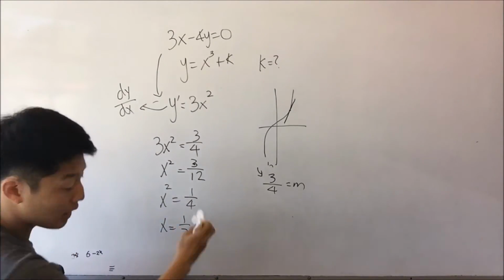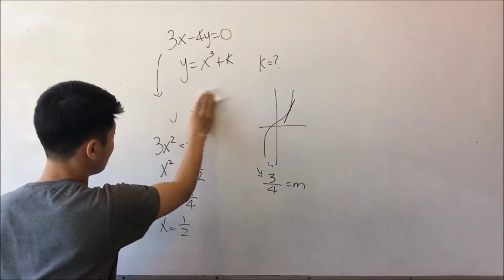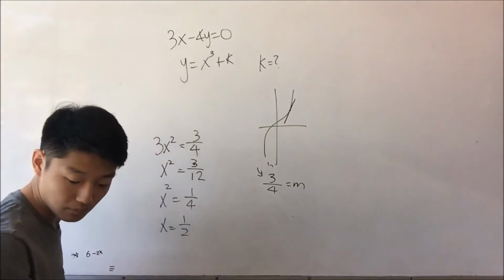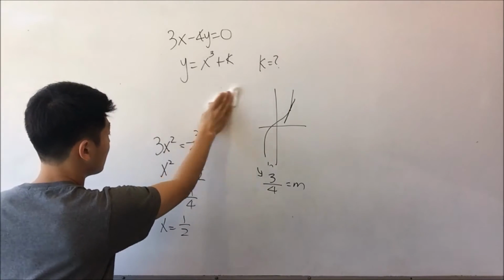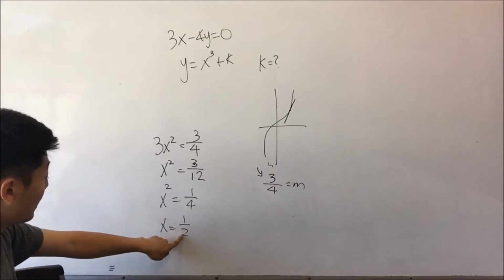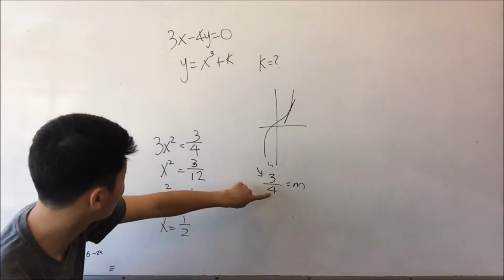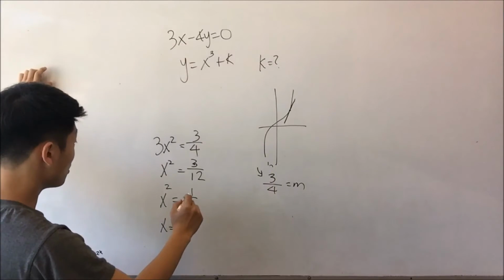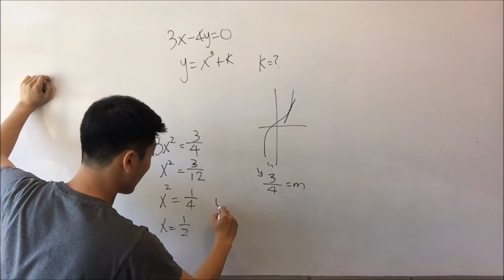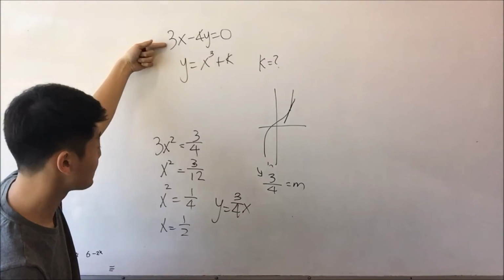By using the point of tangency, I'll erase this down. We have to solve for this. So if I plug in 1/2 here, we have solved that y is equal to 3/4 x at this equation, right?